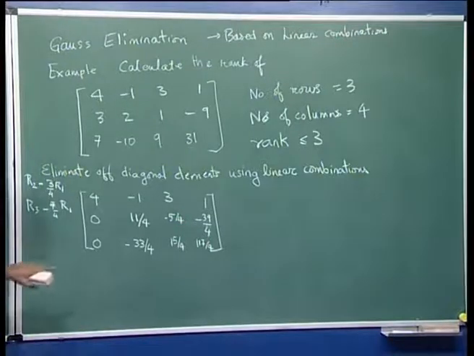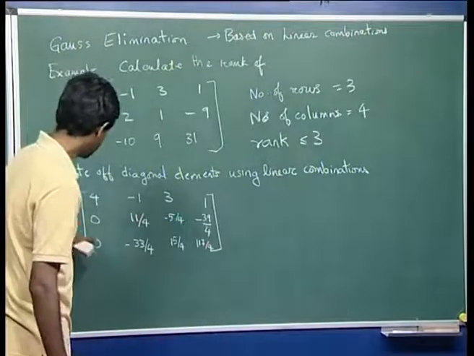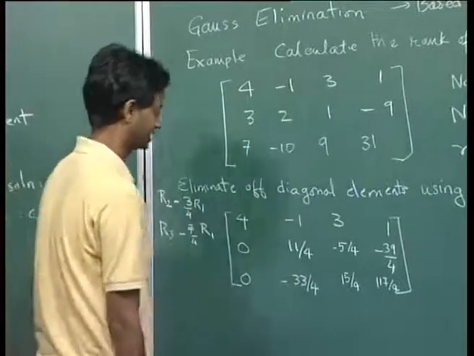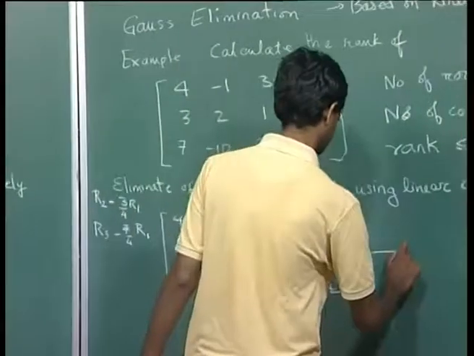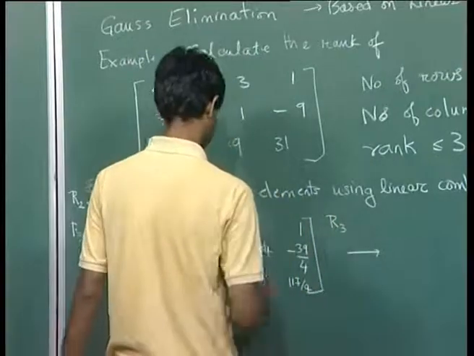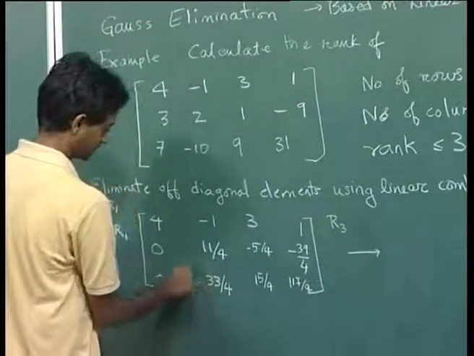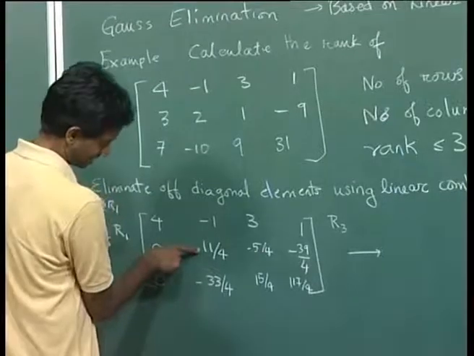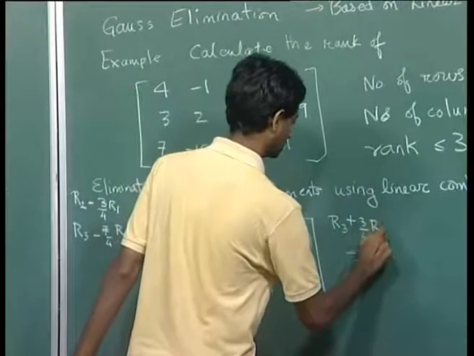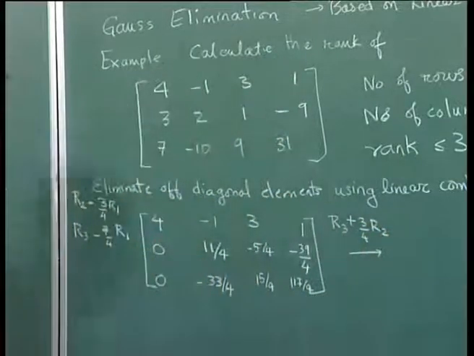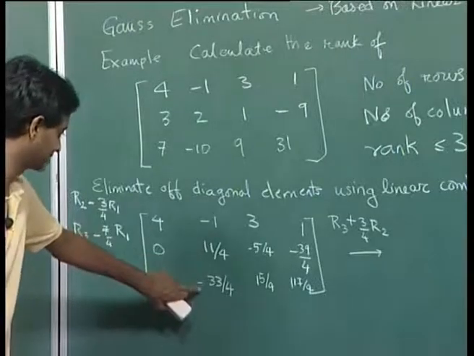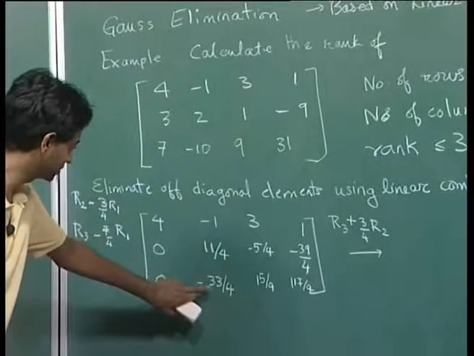Next, we want to take linear combinations and eliminate this element. In order to eliminate that, we will carry out the operation R3 plus 3 by 4 R2, then I will eliminate this number.